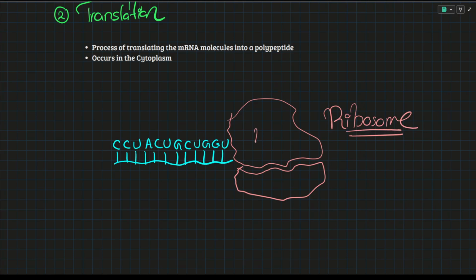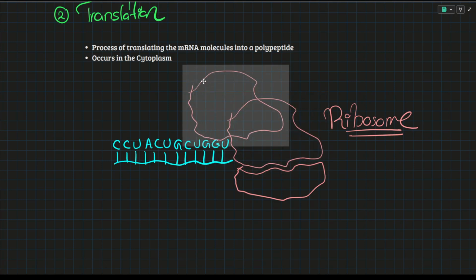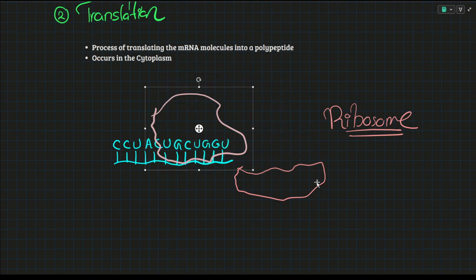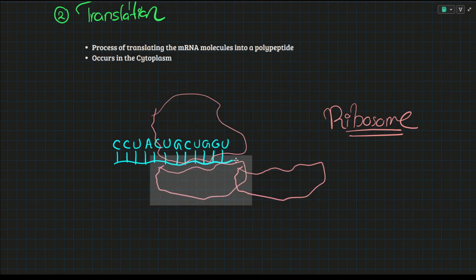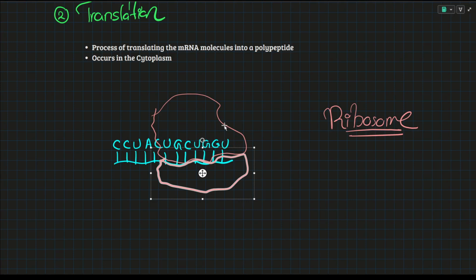Ribosomes have a large subunit and a small subunit. You don't have to know about that much, but the idea behind the large and small subunits is that the large subunit binds like this and the small subunit is going to bind like this. That's going to allow the ribosome to scan this mRNA template.